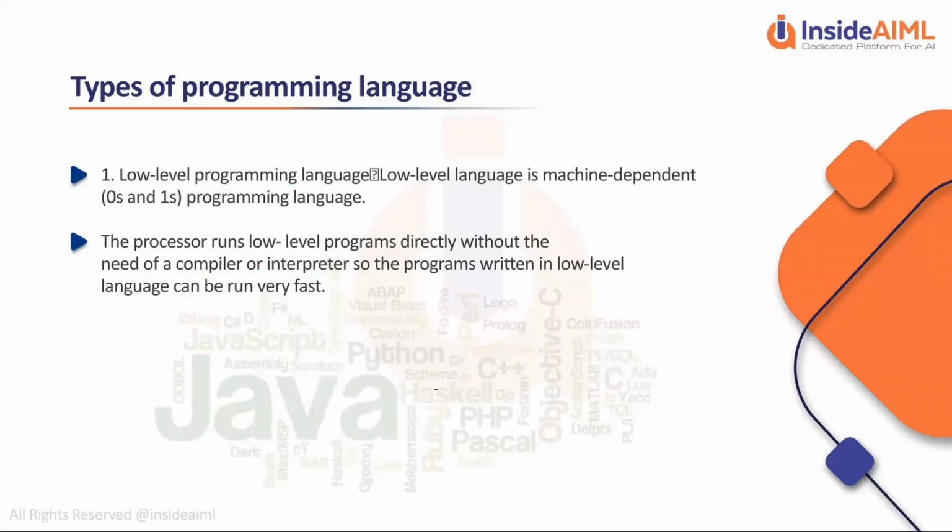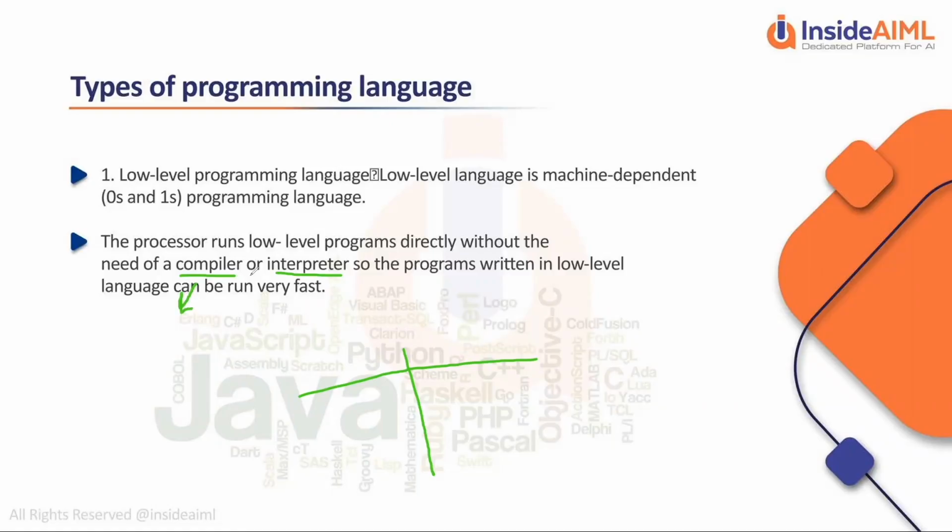Now, based on different programming languages, compiler and interpreter are two different things. Python uses an interpreter to convert its high level code into low level language, into zeros and ones, whereas C++ uses a compiler.